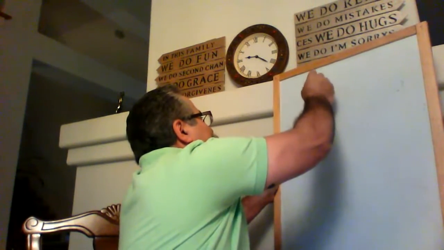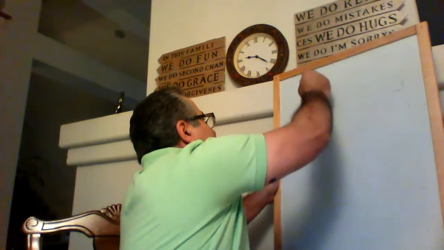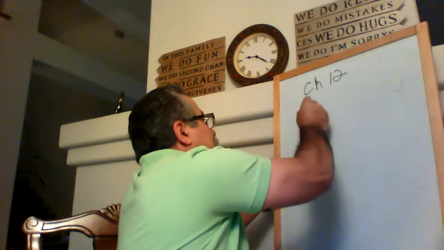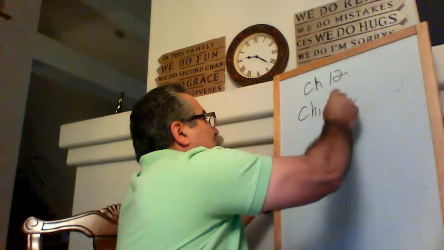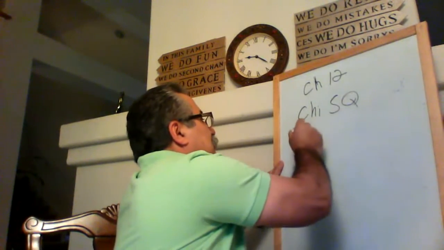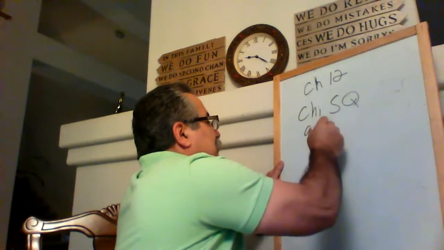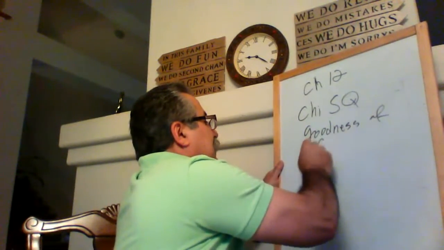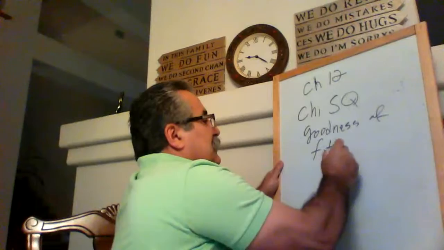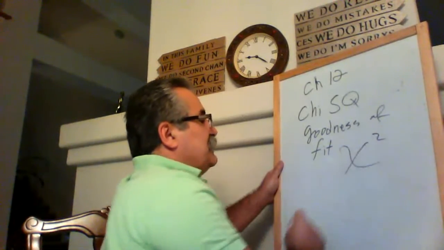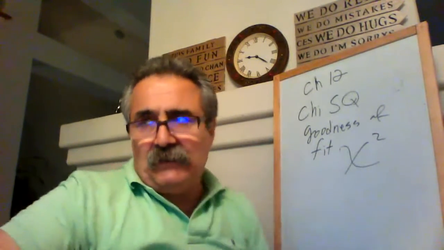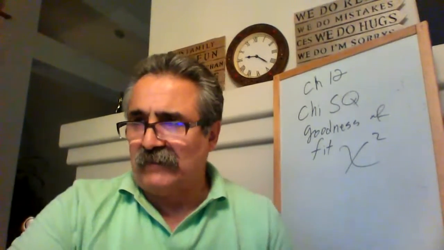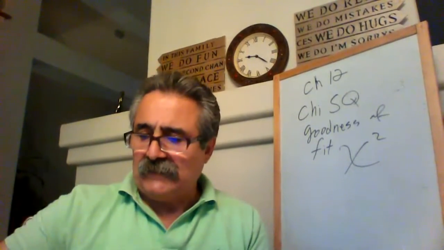So chapter 12, chi-square goodness of fit. Chi-square is shown by this symbol. Let's see what chi-square goodness of fit is.